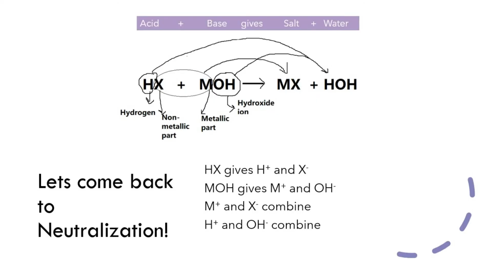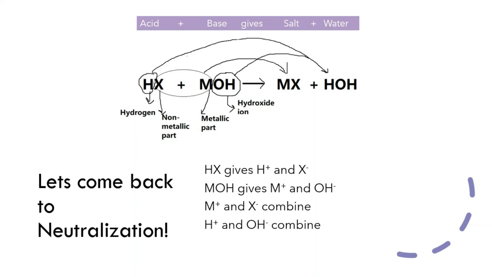So let us come back to this neutralization reaction and observe what happens when an acid, which is generally a non-metallic atom along with a hydrogen atom, combines with a base, which is generally a metallic atom along with a hydroxide ion.